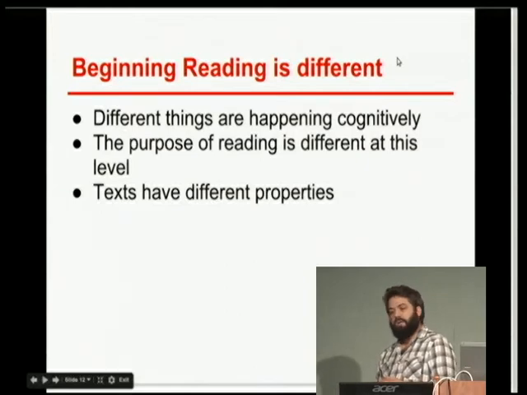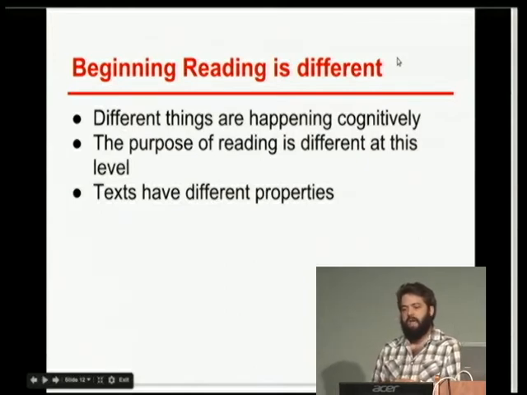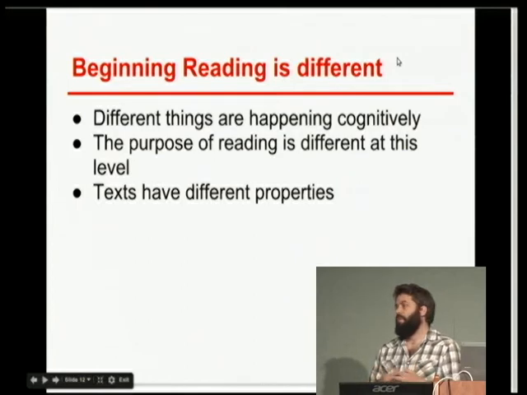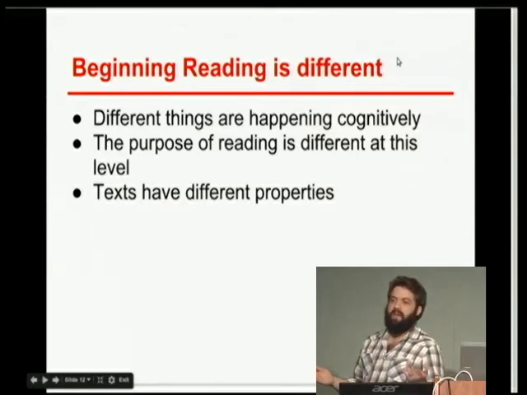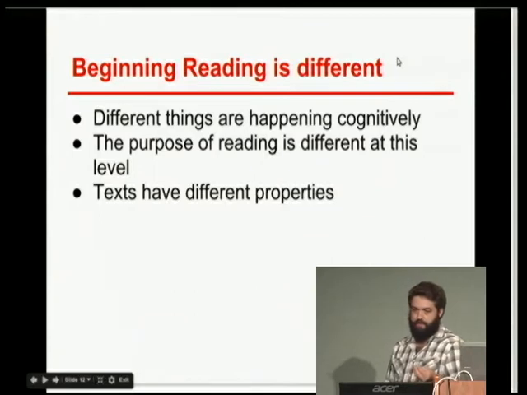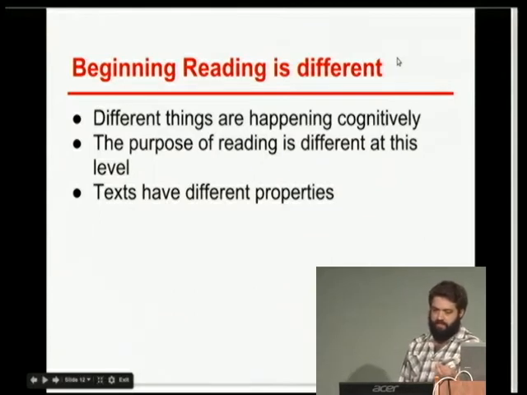Different things are happening cognitively in beginning readers, and the purpose of reading is different. For example, early readers are trying to develop the skill of phonological awareness, an understanding of the connection between letter patterns and sounds when they're reading. We all do this same thing whenever we read, but we do it completely automatically. Kids have to learn how to do it. So that's one of the big differences.